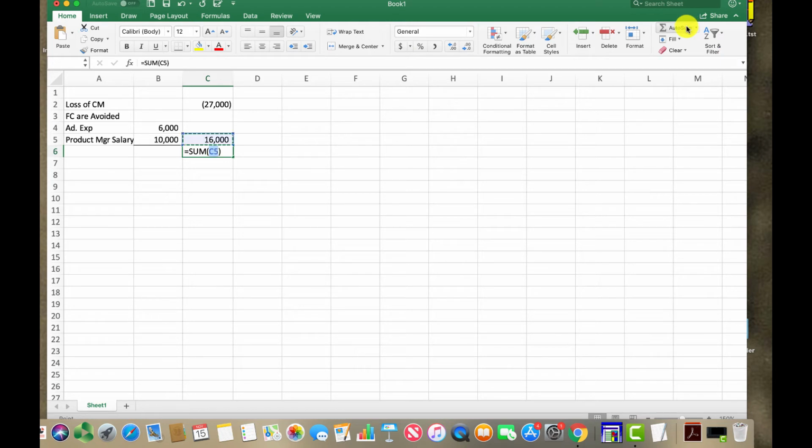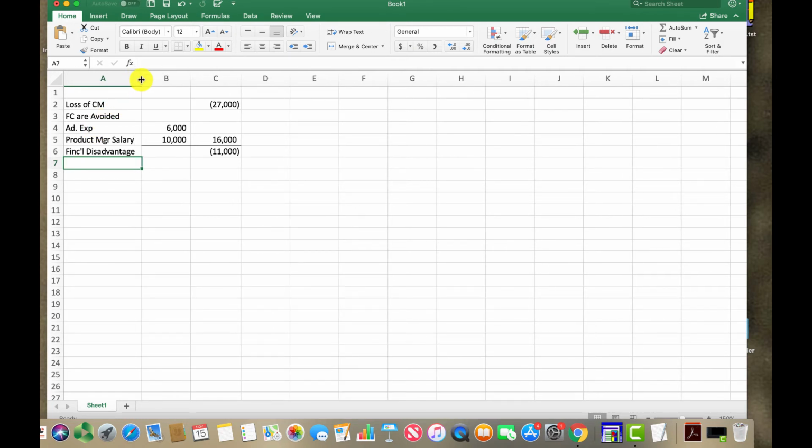If we add these up, we see that there's actually a negative $11,000. So that means there is actually a financial disadvantage to getting rid of the racing bikes.